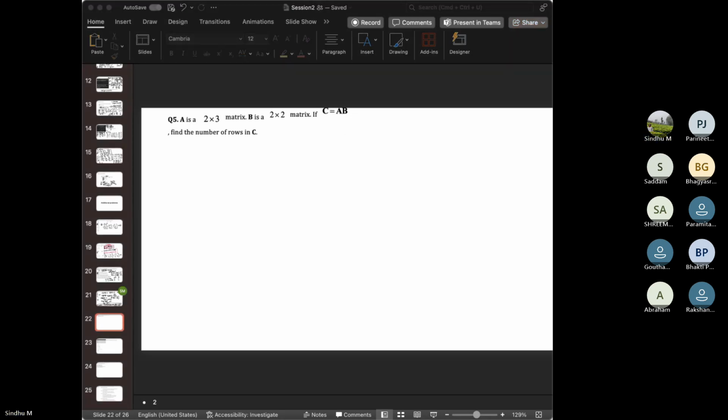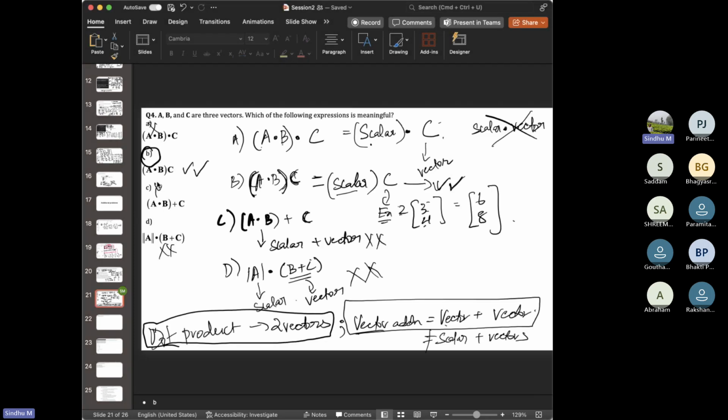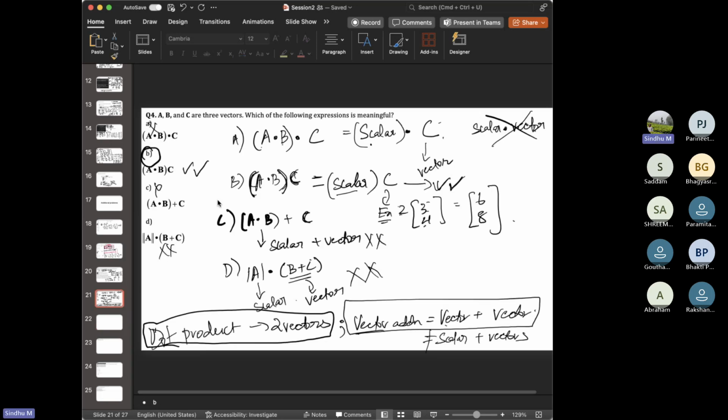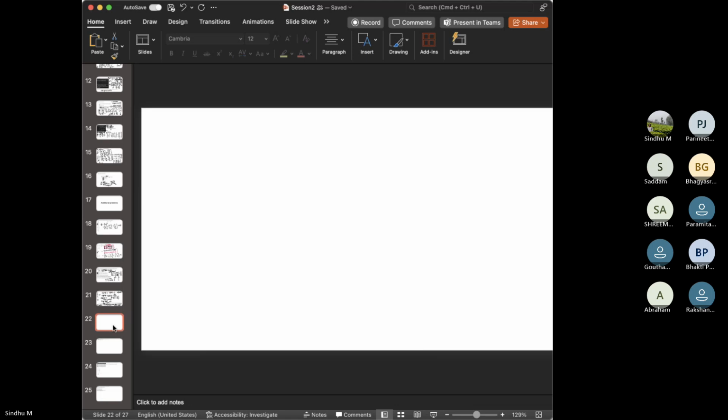Okay, so somebody has typed in the chat box, so I'll go back and explain option B. Option B is A dot B, a dot product, followed by multiplication.